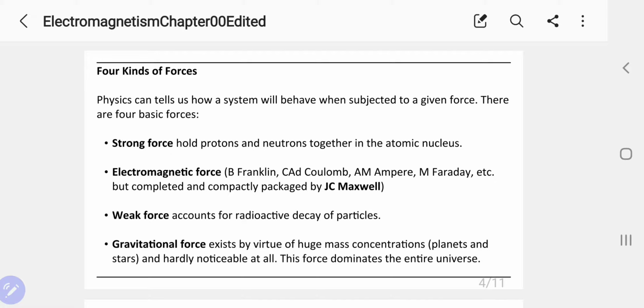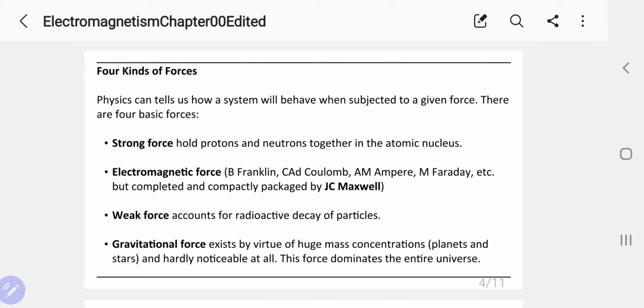And then you have a revolving electron in a hydrogen atom. But if you have a heavier atom, the nucleus will be composed of protons and neutrons with electrons revolving around that nucleus. What holds the protons and the neutrons together inside the nucleus is the strong force.